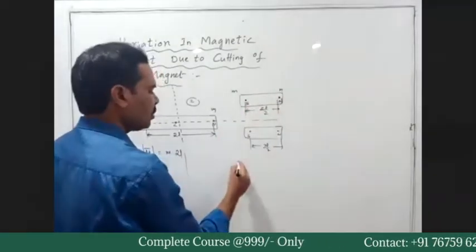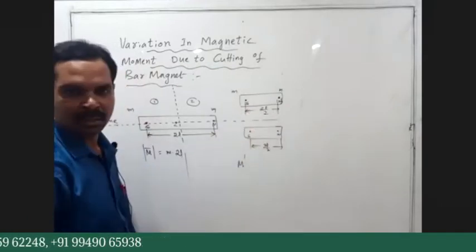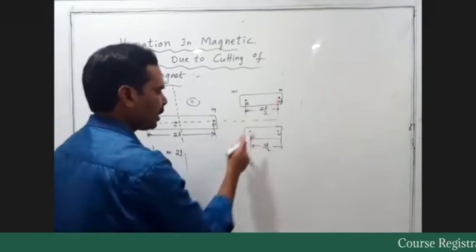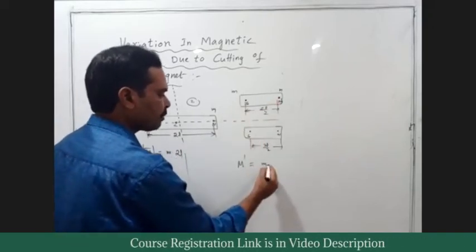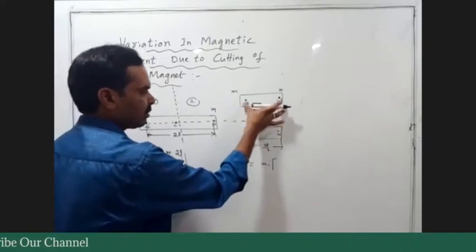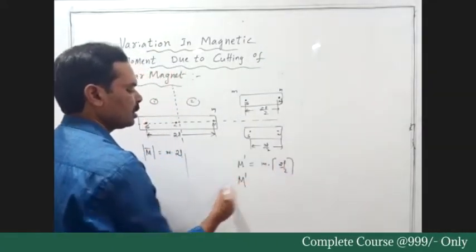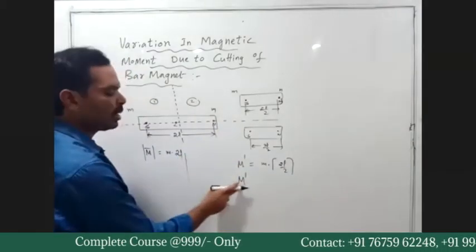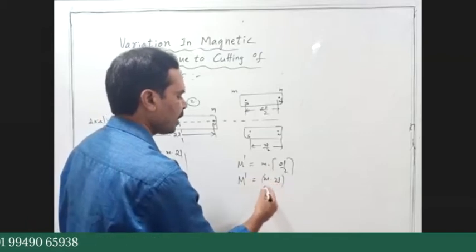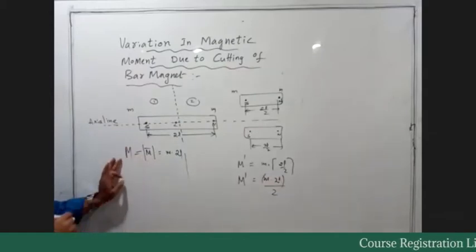Now the magnetic moment of these small pieces, the new magnets, I consider as M dash. By definition, M dash is pole strength into length of the magnet. The length is 2L by 2. So the smaller magnet's magnetic moment M dash is M into 2L by 2, where M into 2L is the initial magnetic moment.